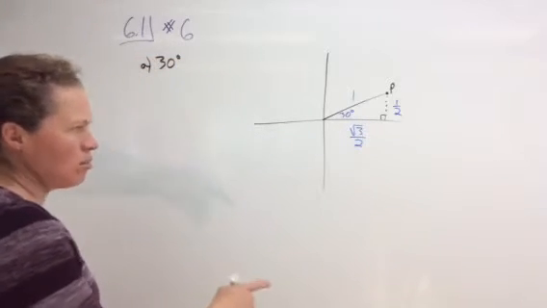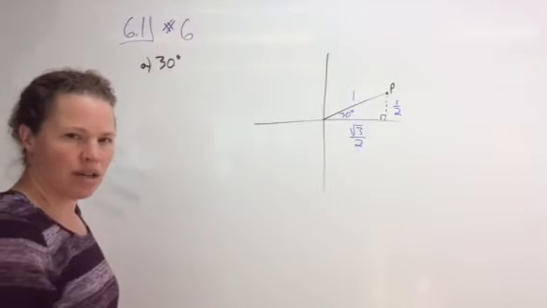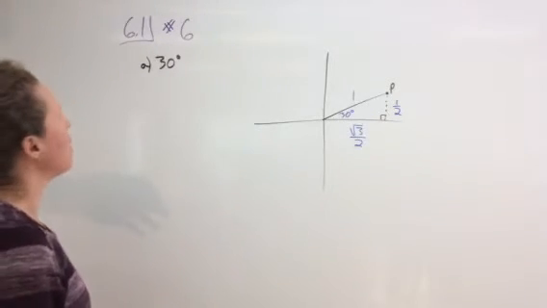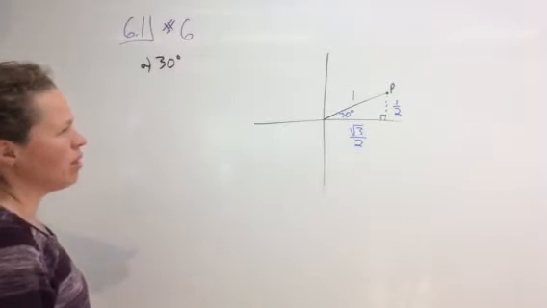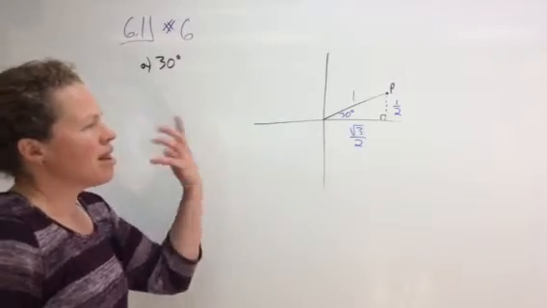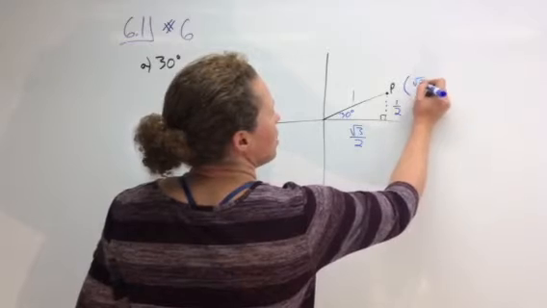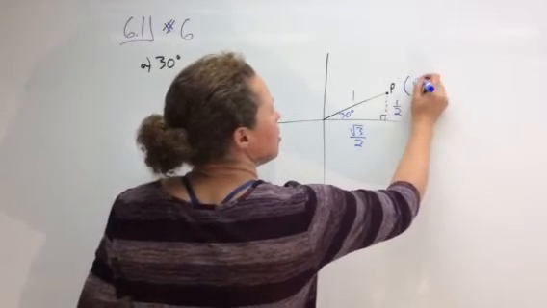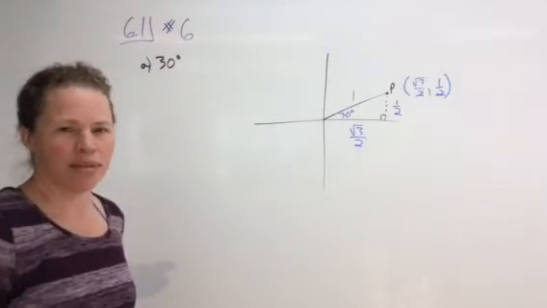Now that's from number 5, and it's in the other video, so if you want to review how we did that, you can go back to those ones. Now, what they want here is, what are the coordinate points? So if our r is 1, then our points will be √3/2 and 1/2. So that could be an answer.